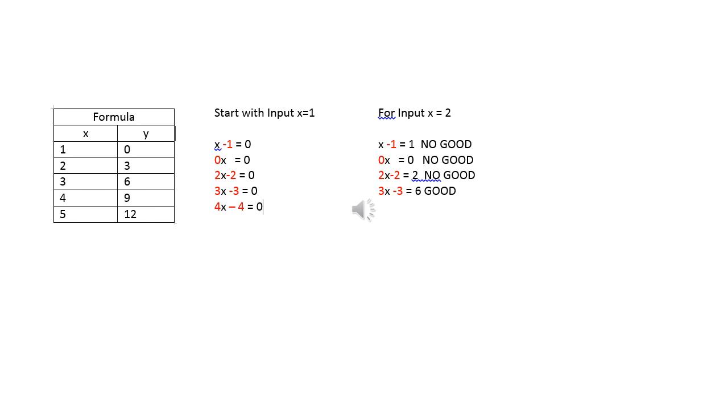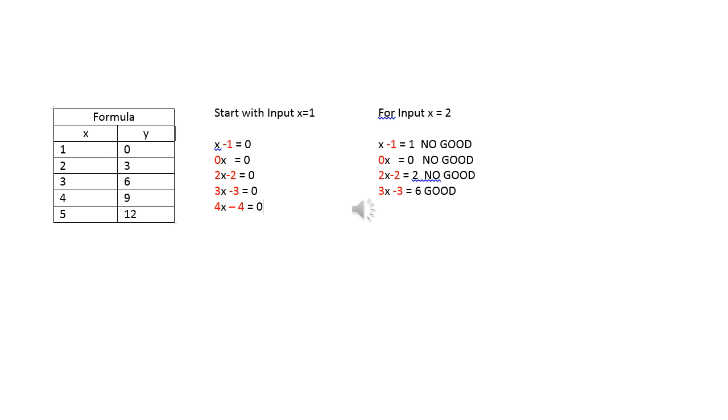Now, if we take the input x being 2, we'll notice the problem with the really easy possibilities very quickly. So if we use x minus 1, we get 2 minus 1 is 1. That's not the output we need, so that's no good.